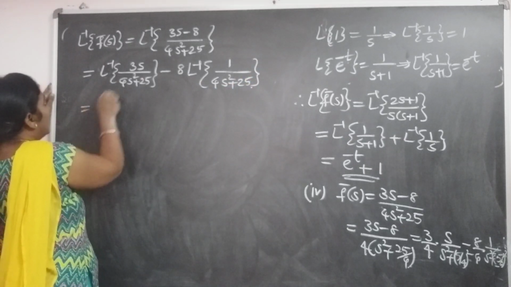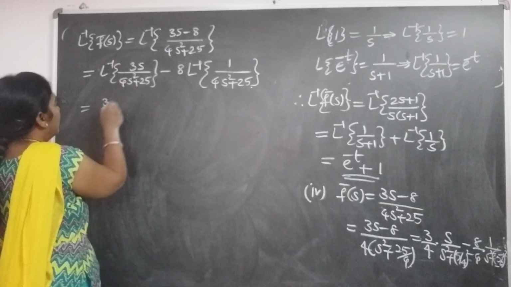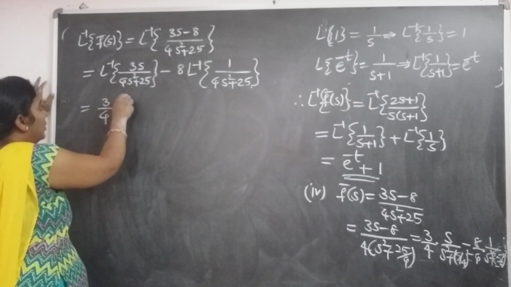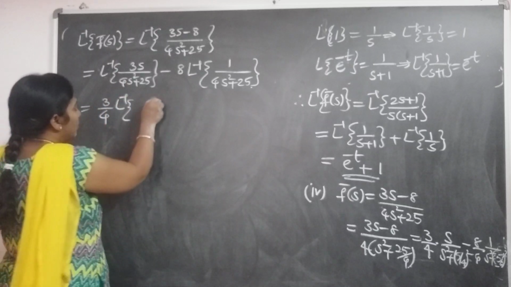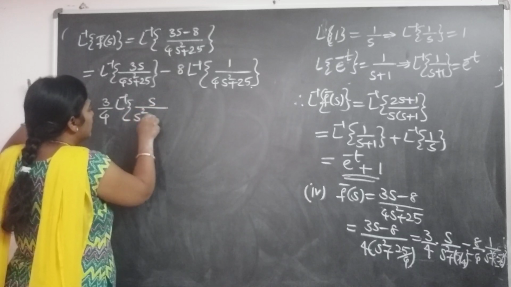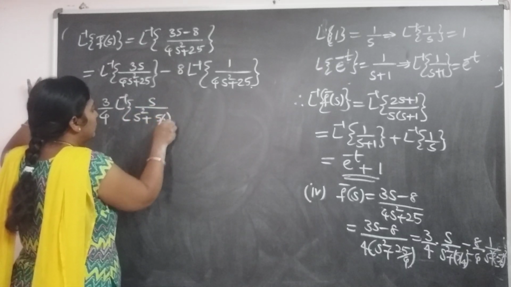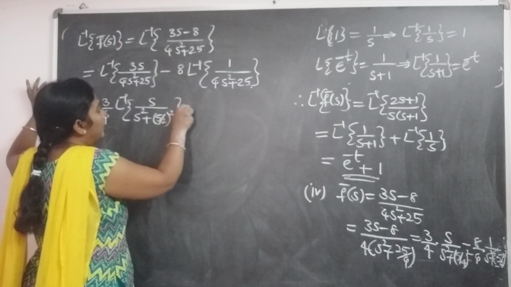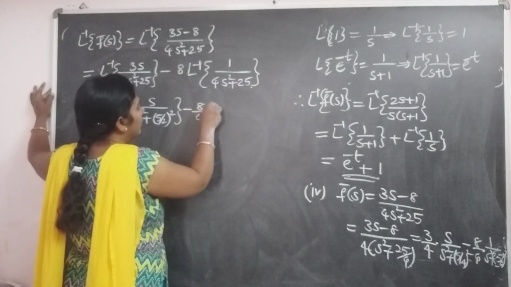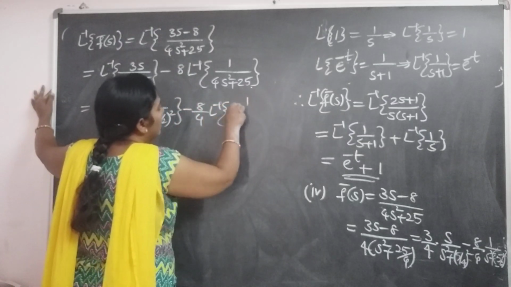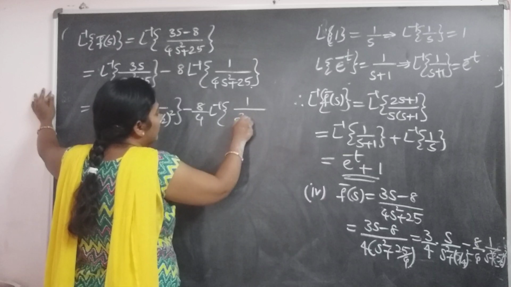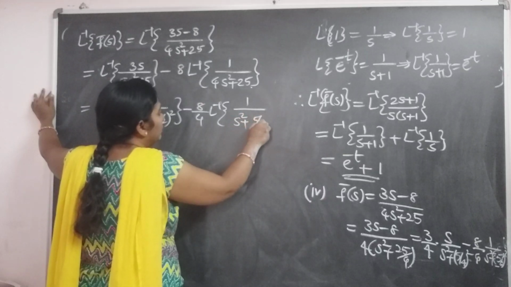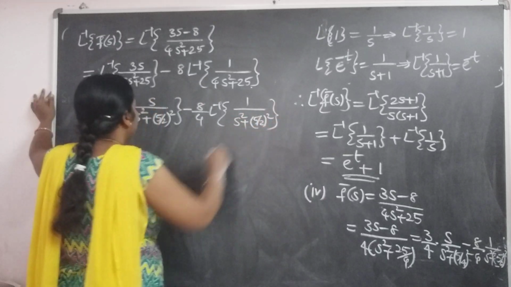Here, write constants outside. In the denominator 4 is common. 3 by 4 L inverse of s by s square plus 5 by 2 whole square minus 8 by 4 L inverse of 1 by s square plus 5 by 2 whole square.